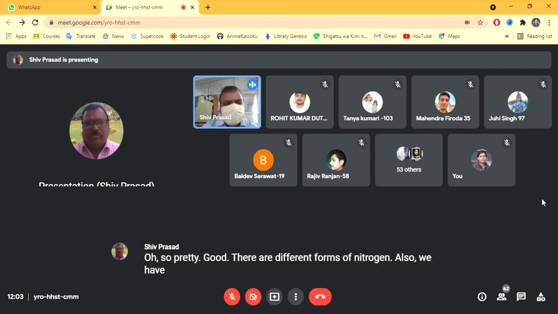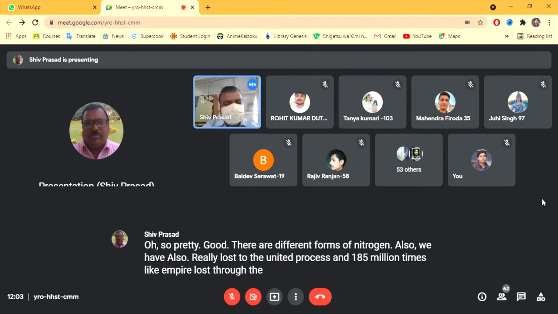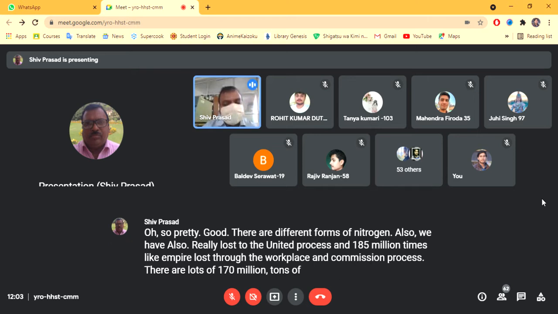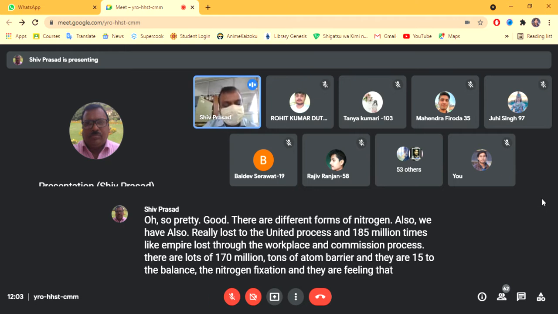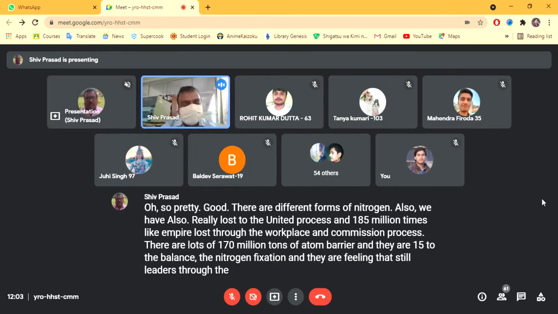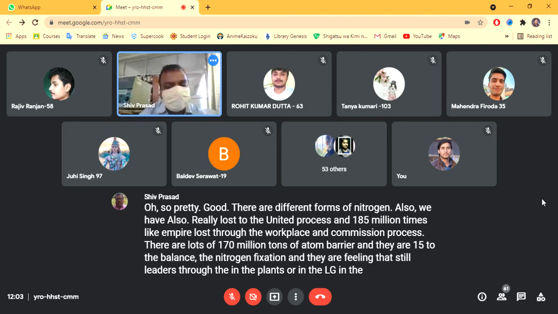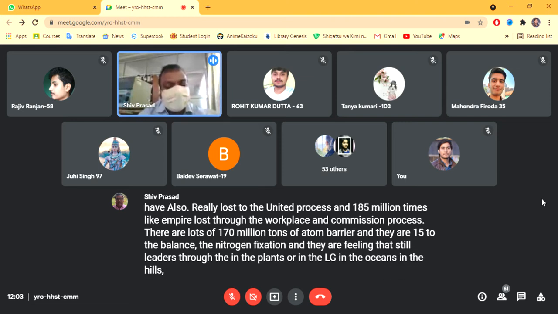We have studied that 15 million tons of nitrogen per year is lost through the denitrification process, and 185 million tons of nitrogen per year is lost through volatilization and combustion processes. Nitrogen is fixed through biological nitrogen fixation in terrestrial regions, in plants or algae, in the oceans, in the hills, in the forest, everywhere.